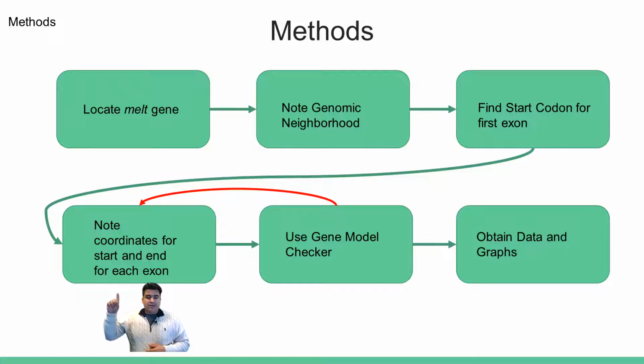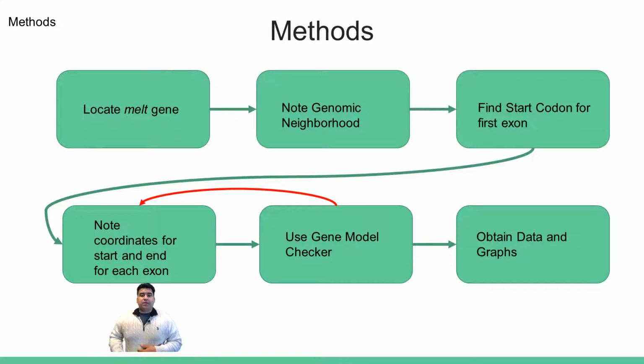And then right here, following the arrows, I have to note the coordinates for the start and end of each exon. Like I said earlier, exons are what actually code for the protein products that we see in the organisms that we study. Introns, which are in between these exons, get spliced out during splicing, which is a normal part of transcription and then translation.